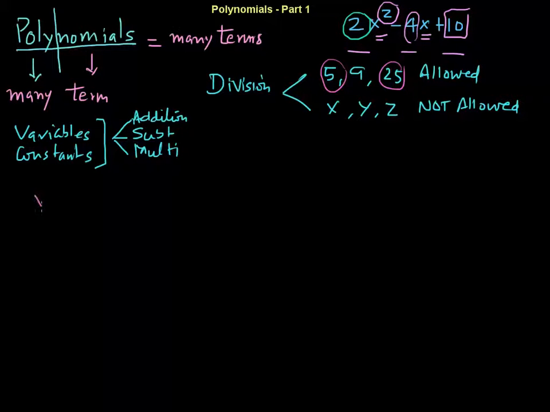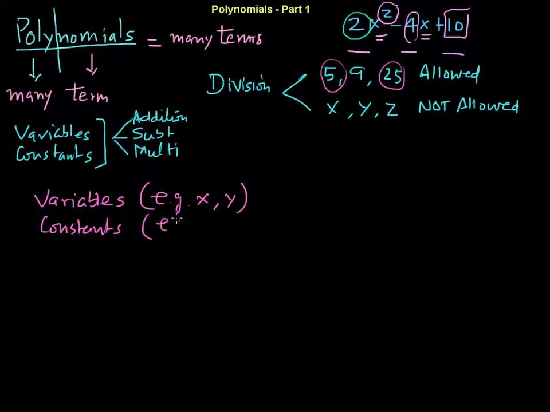Number one, we use variables for defining polynomials, and for example, I can write x, y. We use constants, and constants could be, for example, 3, minus 20, or 15. And then we can also have exponents.